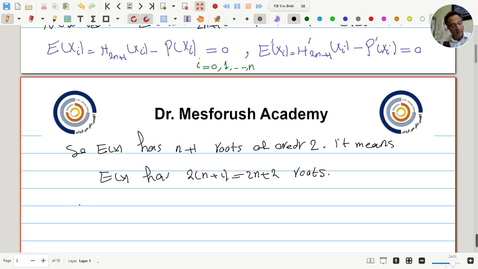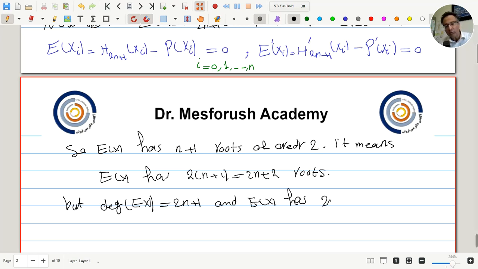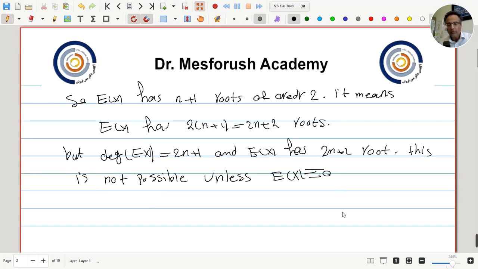e(x) should be 0. Okay, so I can say here, but degree of e(x) is at most 2n+1, and e(x) has 2n+2 roots. This is not possible unless e(x) be equal to 0.